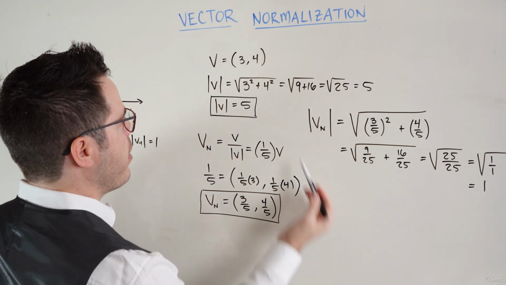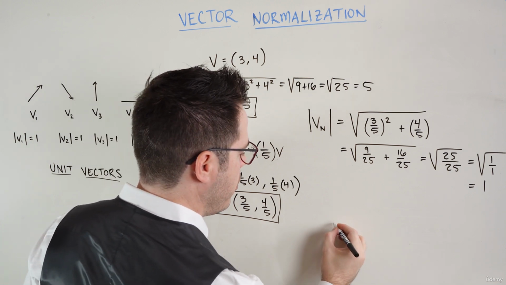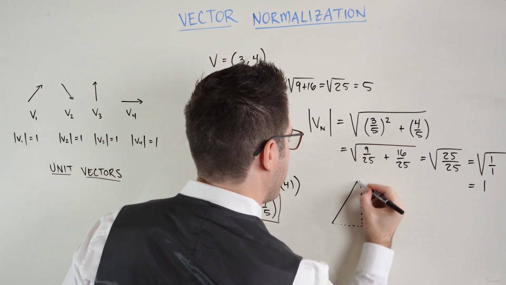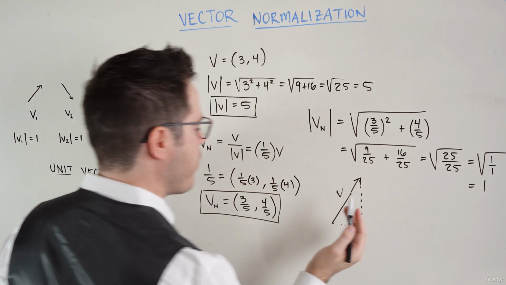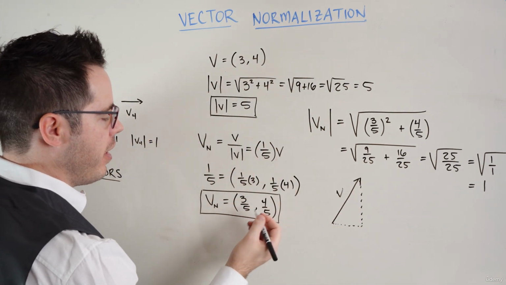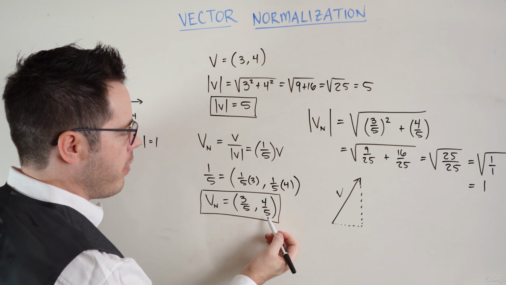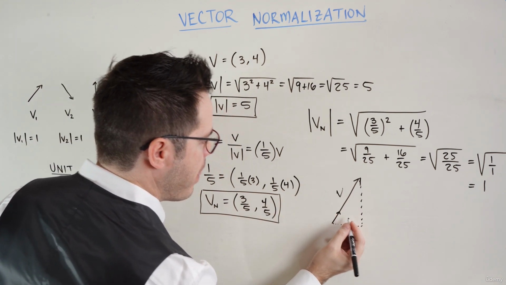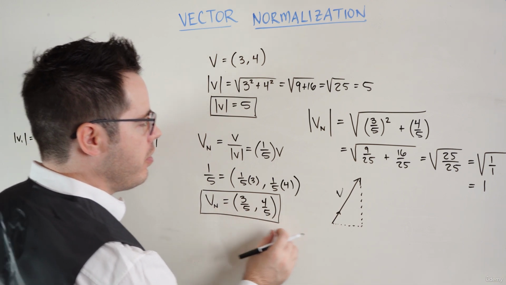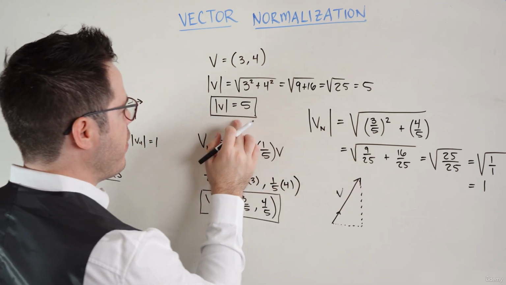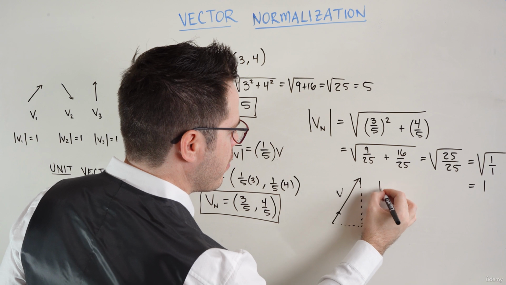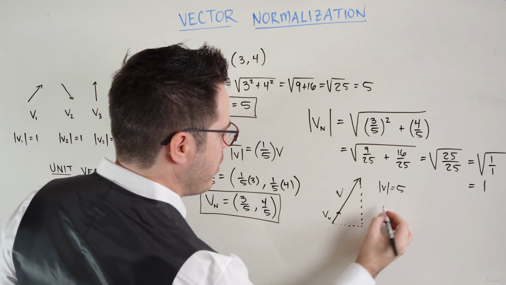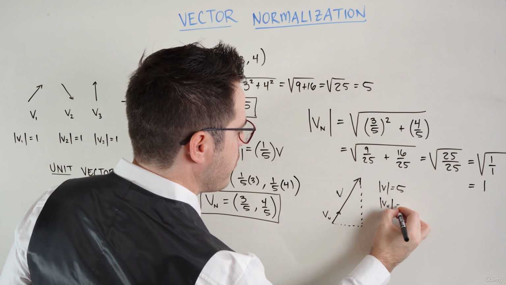Now, the vector we started with, v, which is the vector 3, 4, where we have to move 3 units in the x and 4 units in the y to draw this vector, has now been reduced to a length of 1. That's 3/5, 4/5. And that's going to be this vector with a length of 1, and it's exactly 1/5 the length of vector v, because vector v has a length of 5. And the vector we've calculated, v sub n, has a length of 1.